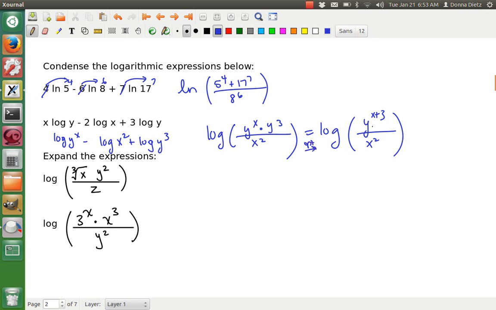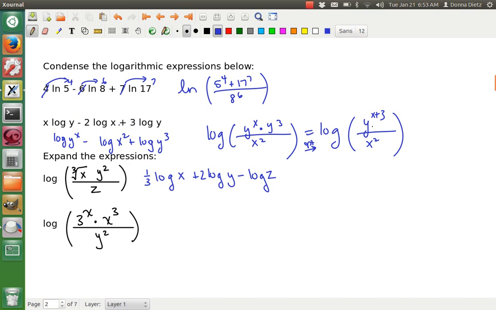Okay, next question. Expand these expressions. So you're going to just do the opposite of what you just did. Those are easy. Log x power is 1/3 plus log y power is 2 minus log of z. These ones are actually easier because there's fewer ways to untangle them than to tangle them.